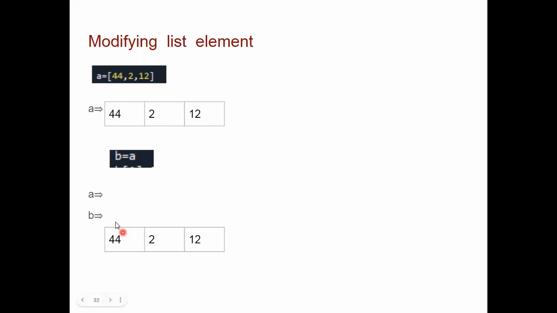Suppose A is the father of the family and B is the mother of the family. So both are residing at the same house. If we call the father, the father has the same address, and the mother also has the same address. So both are pointing to the same address.